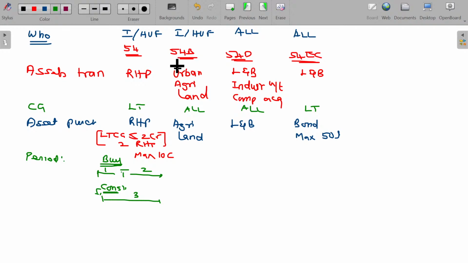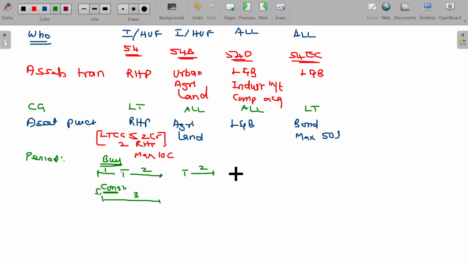And in case of 54B, is that okay? Now, agricultural land, from the date of transfer within 2 years you can buy.